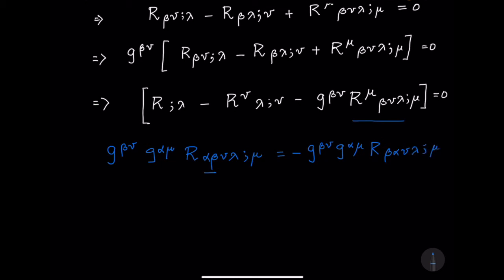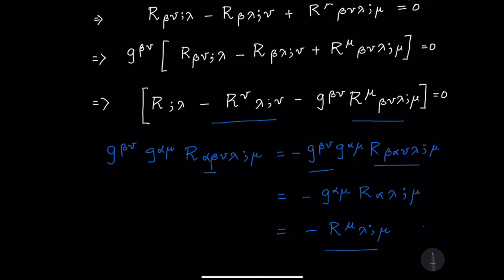Once I do this, now this and this will give me a Ricci. G alpha mu, and the first and the third index got contracted, so this is alpha lambda comma mu, and once I use the contraction with G, I get mu lambda semicolon mu, which is, this term looks exactly the same as that term.